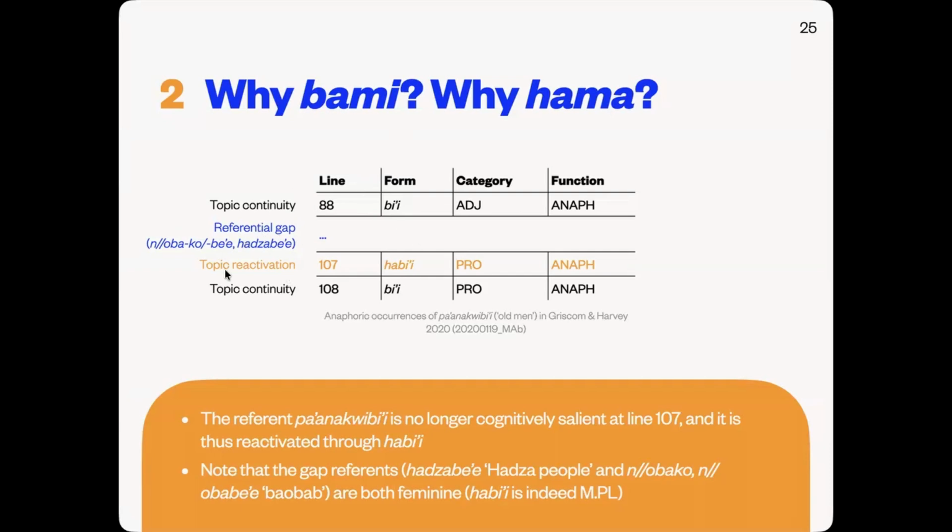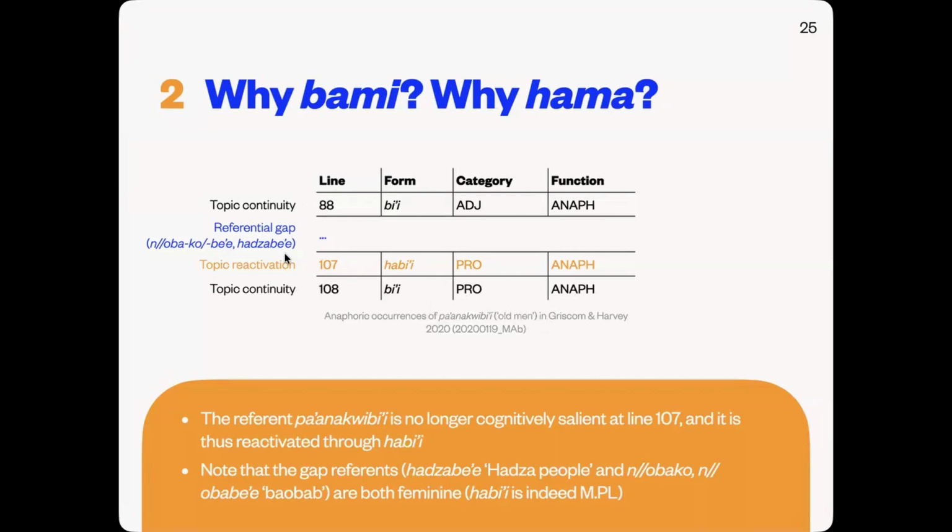Here we see topic reactivation, which I found to be another use of hama. This is the table I gave you before, and we have a chronological view of the narrative. In line 88, the old man were retrieved by BE, and then after 19 lines, it was retrieved by Abihi.